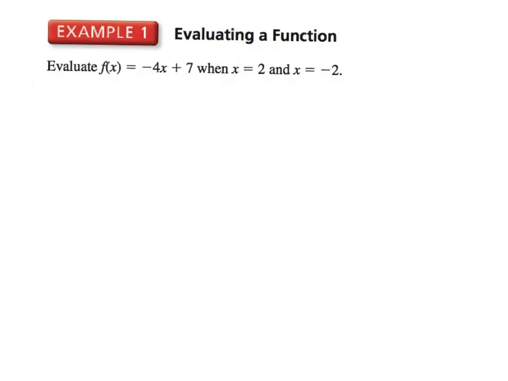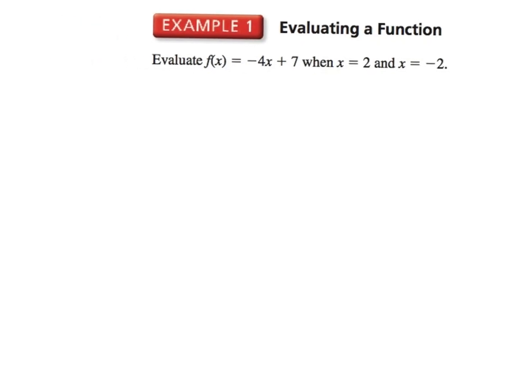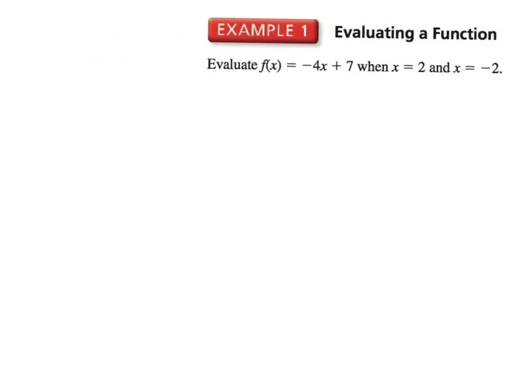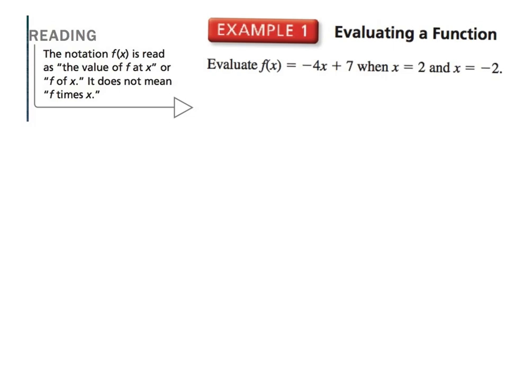So example 1, let's evaluate a function. So I'm going to move it over here. We need to evaluate this function. Now if we read this, it's important to note this. The notation f of x is read as the value of f at x, or f of x. It does not mean f times x. So we want to find f of x, or the value of f at x, when x is 2 and when x is negative 2.